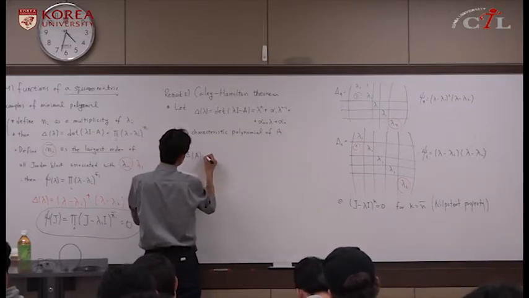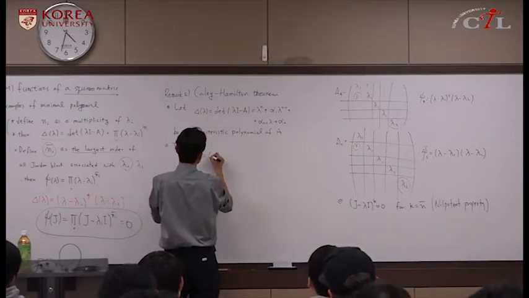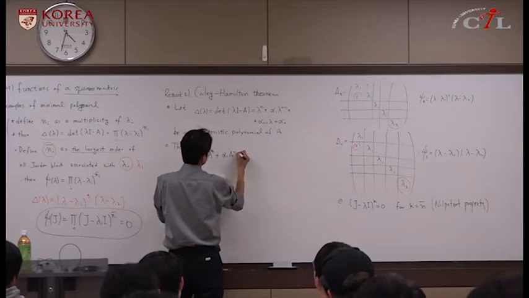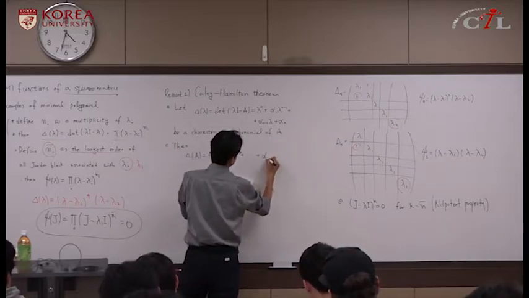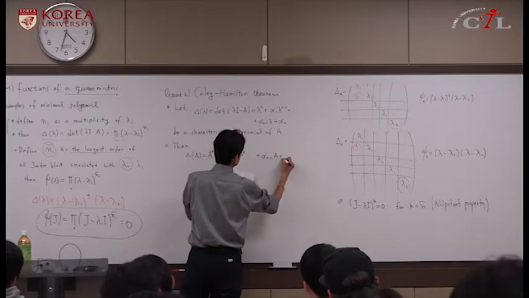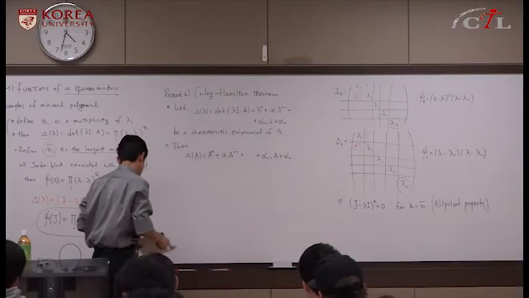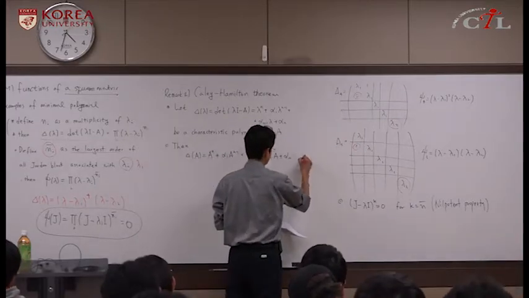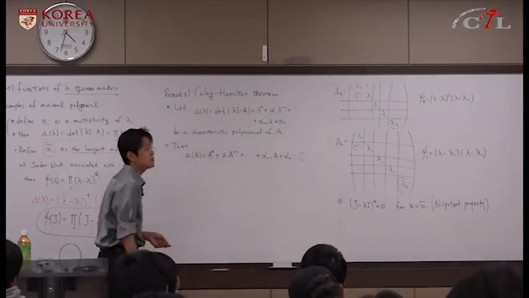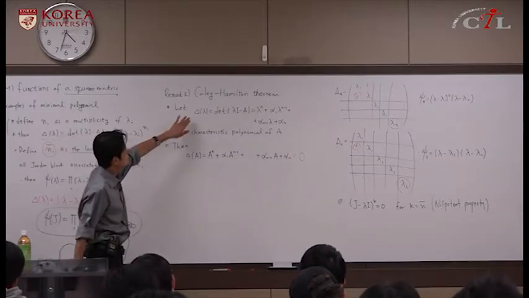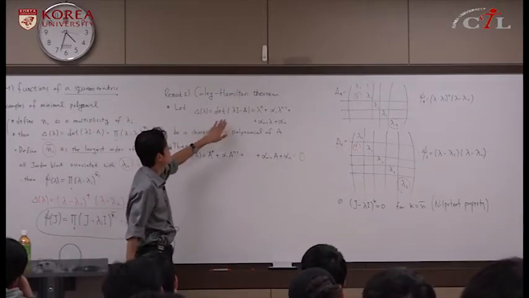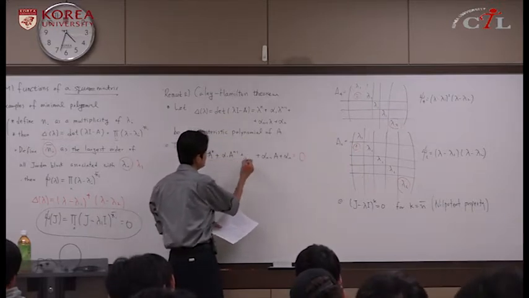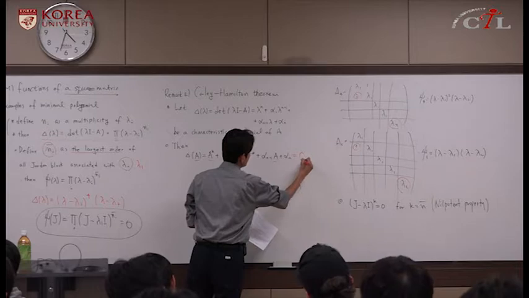If we put A inside the characteristic polynomial, it becomes A^n plus alpha 1 A^(n-1) and so on, plus alpha n minus 1 A plus alpha n, and this becomes nothing. The Cayley-Hamilton theorem says that given the characteristic polynomial, if we put A instead of the eigenvalue, then it goes to nothing.